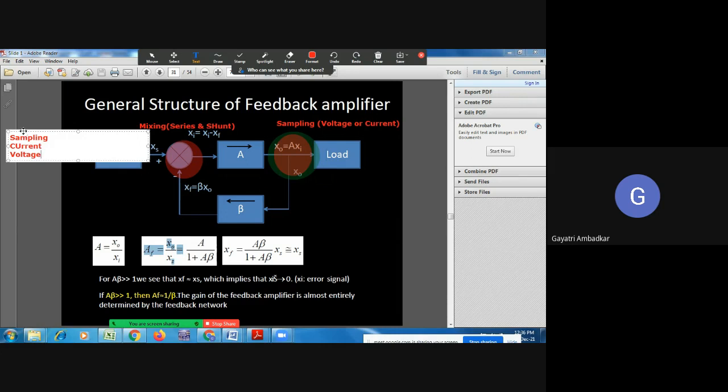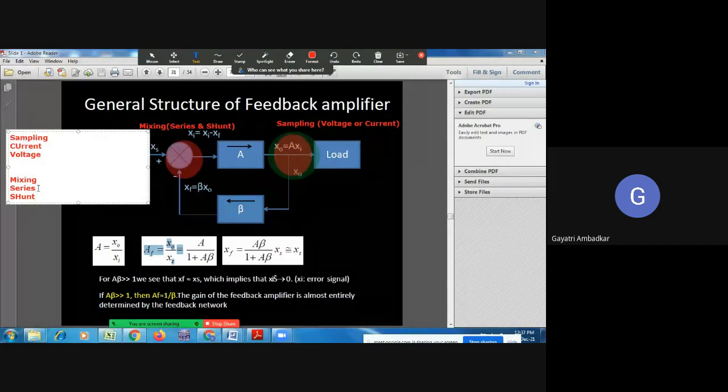You can sample current or voltage, then you can mix this. So mixing means either you can mix in series or you can mix in shunt. So when you say you are mixing in series, you are actually mixing voltage, and when you say you are mixing in shunt, you are actually mixing current.